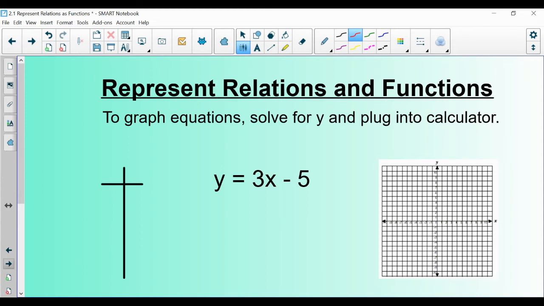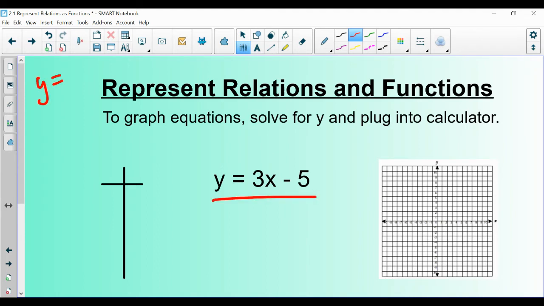All right, to graph equations. You guys don't know how to graph equations yet using your graphing calculators. I don't have access to a graphing calculator at this time, but the way to do that is to push the top left corner button, which says y equals.